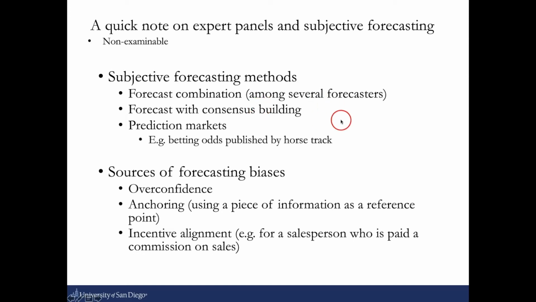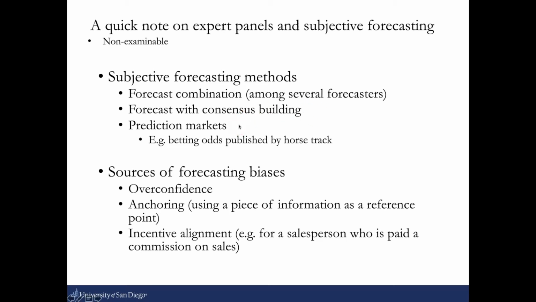The second is forecast with consensus building. This is an iterative discussion among experts about their forecast and opinion that leads to a single forecast. So unlike the first approach that simply takes the values for granted, in the second approach, you're going to ask each of the forecasters how they derive their estimates so that you understand the rationale and can make the necessary adjustments to the estimates if necessary.